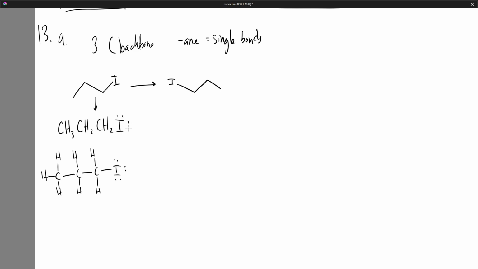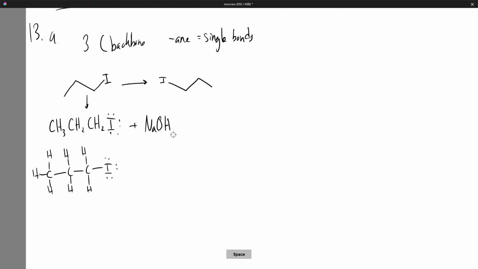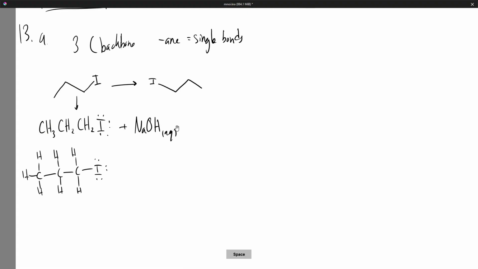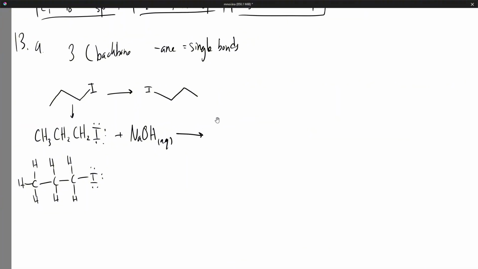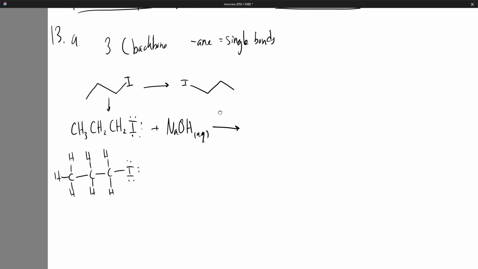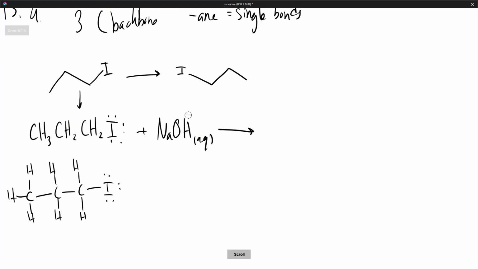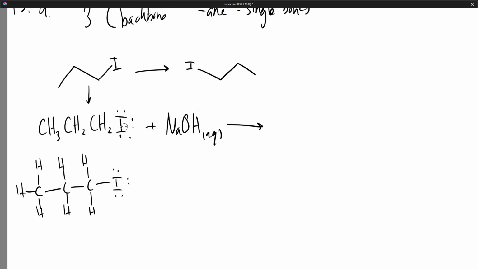So this reacts with sodium hydroxide to form propanol and sodium iodide. So basically, just think of this. This hydroxide has a negative charge, as you know, just switching places with this iodide, basically attacking it.